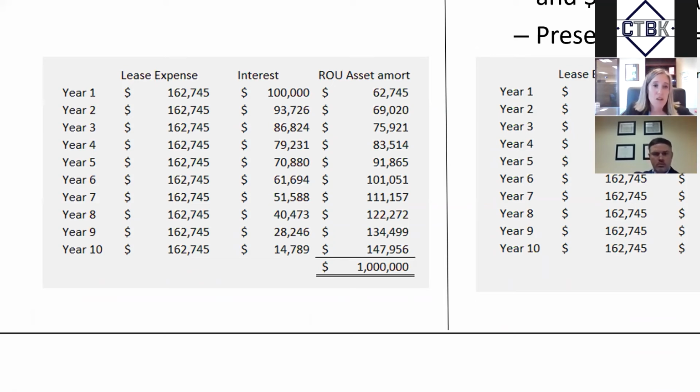In this first one that we have centered on the screen, in my very simple example, the lease expense is 162,745, which mirrors my payments because they're straight payments. My interest calculated, again, is that lease liability times my 10%, so it reduces each year. And my right of use asset is the difference between the two. So by the end of year 10, I have fully amortized that right of use asset.